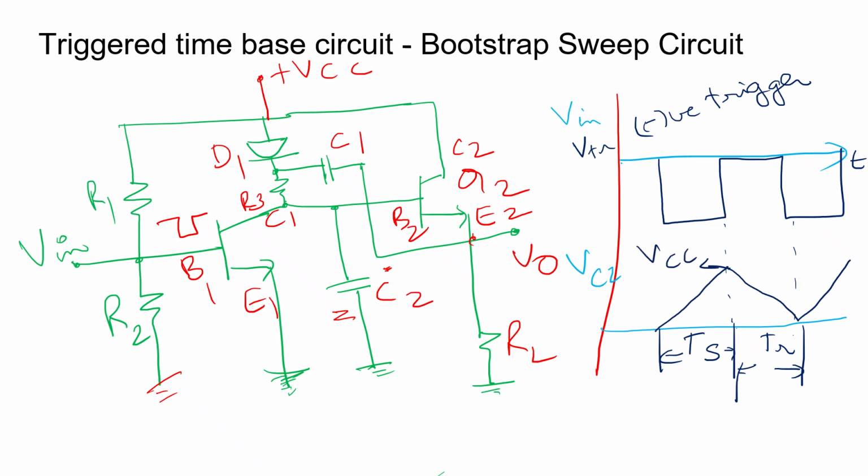TS is the sweep time and TR is the restoration time. Hence, a negative pulse is capable of generating a sweep waveform in a bootstrap-based circuit.